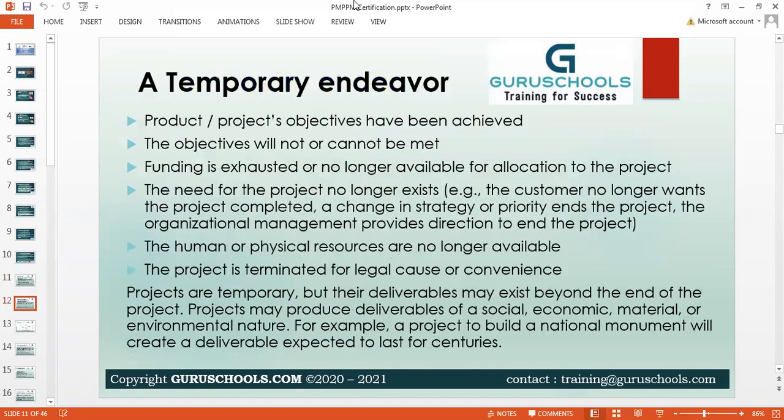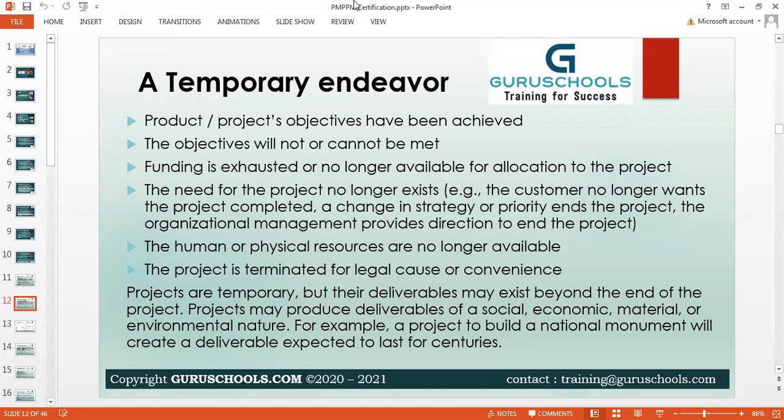Okay, let's move on. Now let's discuss in depth what we mean by temporary endeavor. When we talk about a project or a product, the objectives have been achieved. Whenever I define an objective, if that is achieved, then my project is a success. If not achieved, it's a failure.